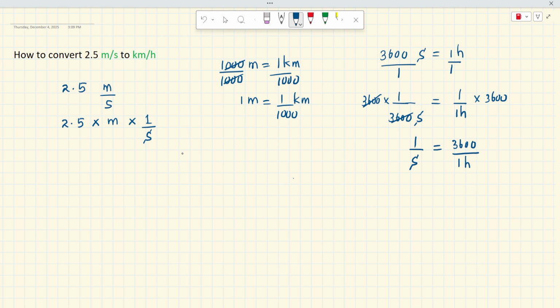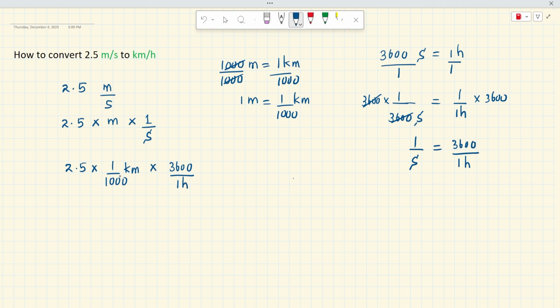Now I'm going to substitute 2.5 times 1 meter means 1 over 1000 kilometers times 1 over s means 3600 over 1h.